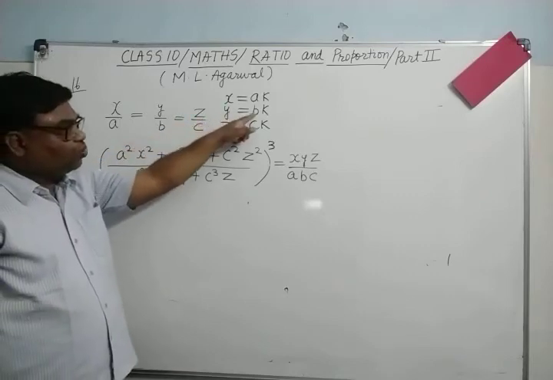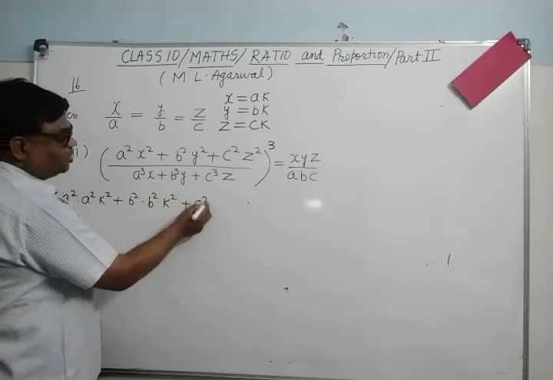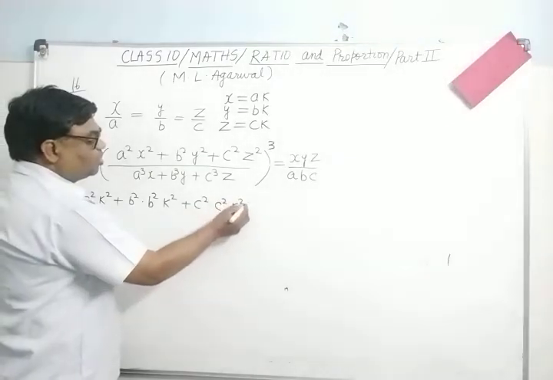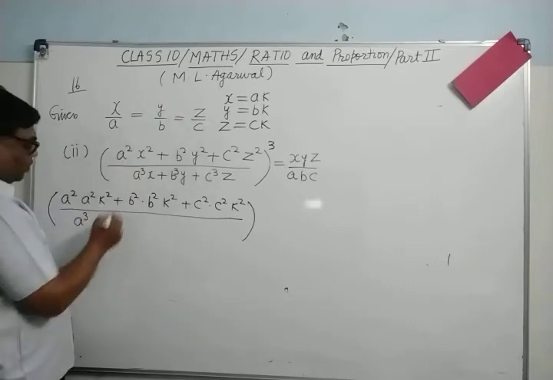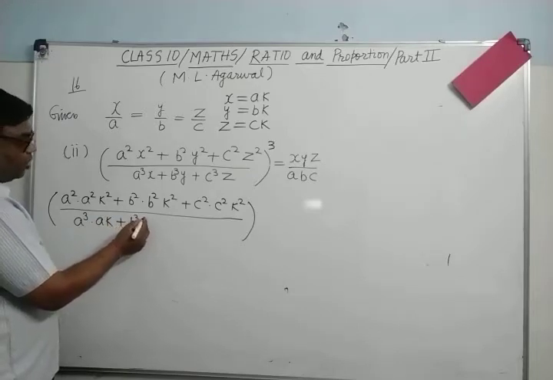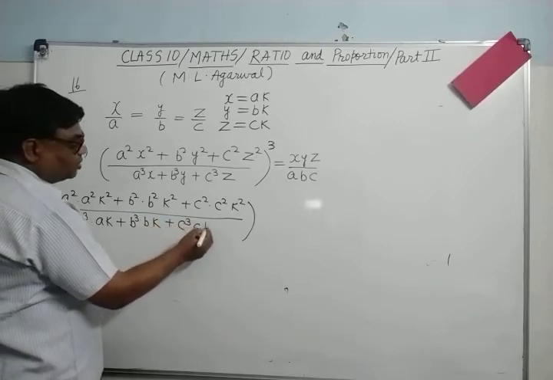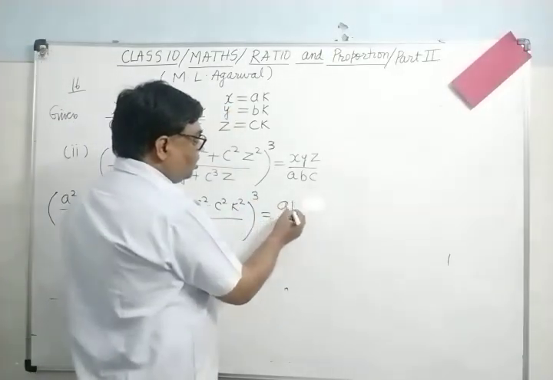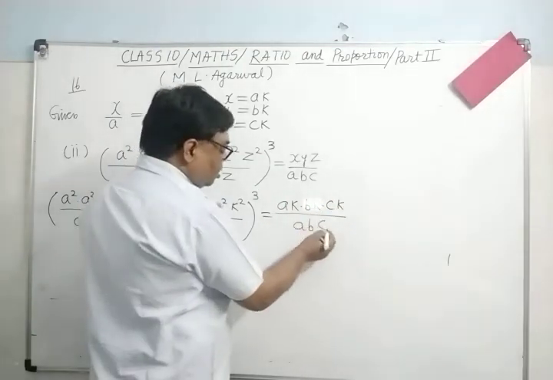Y equals bk, so y square is b square k square, plus c square, and in place of z square you write c square k square, divided by a cube, in place of x, ak, plus b cube, in place of y, bk, then c cube, in place of z, ck, whole cube, equals, in place of x, ak, and so on, ck upon abc.